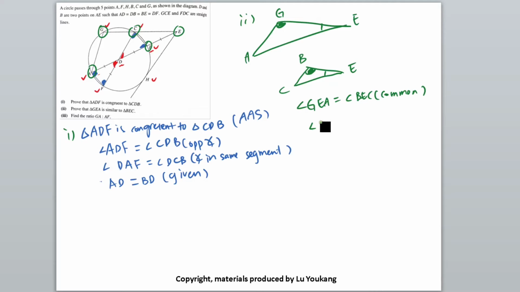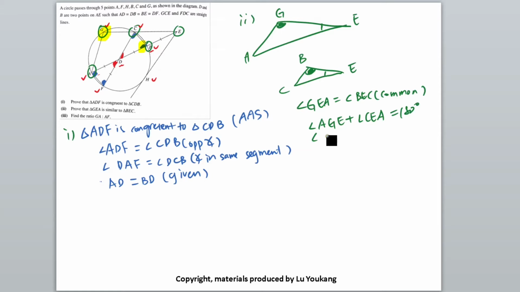And now let me prove angle AGE is equal to angle CBE. I see that angle AGE plus my angle CEA is 180 degrees. I'm using angles in opposite segments add up to 180 degrees.